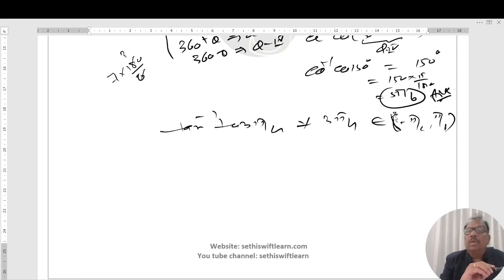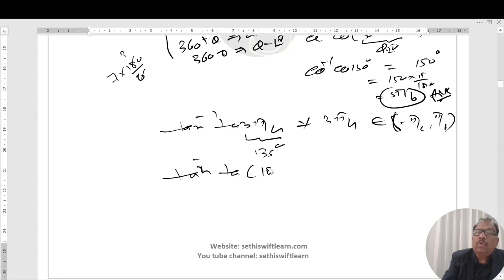Right? Now, this 3 pi by 4 is what? This is 135 degrees. So this can be reduced to tan of inverse tan of 180 minus 45. If we go back, we get that thing. This belongs to quadrant second.